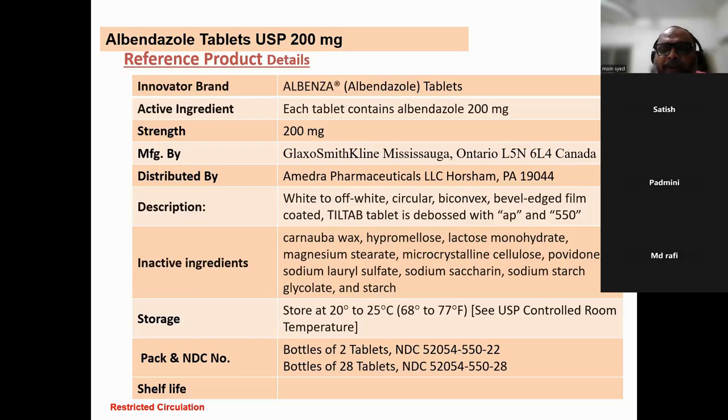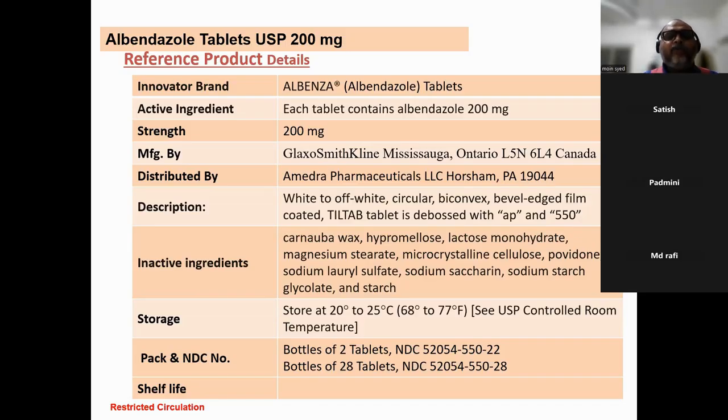So inactive ingredients, of course, if you know the inactive ingredients from the PIL, this will always be helpful, because the first strategy, if a patent is not there, is to match all your Q1 and Q2 composition with the innovator. This will help you to get a bioequivalent product. If the product has a patent and you are not able to copy it, then it becomes a different thing.